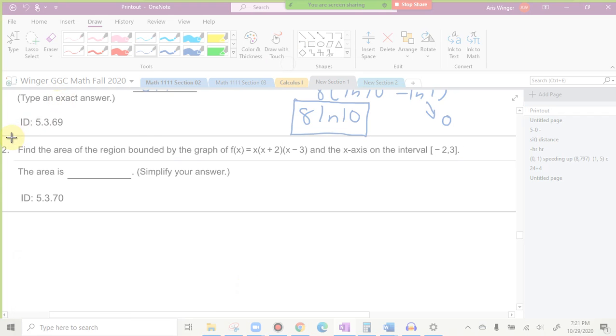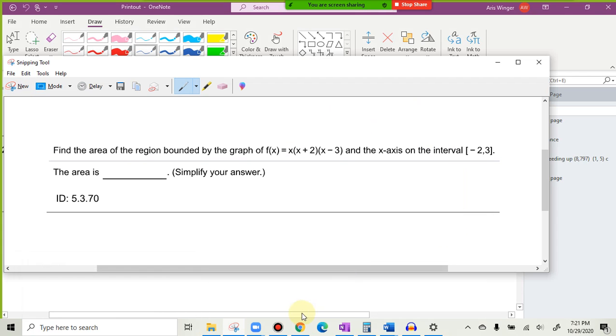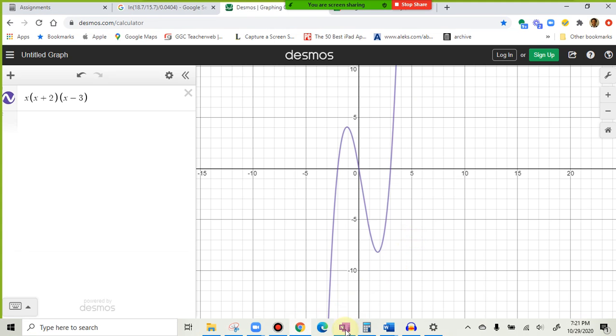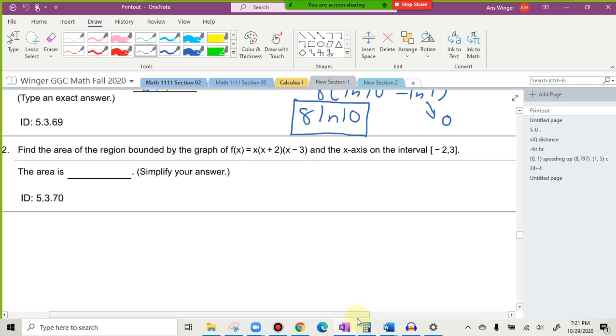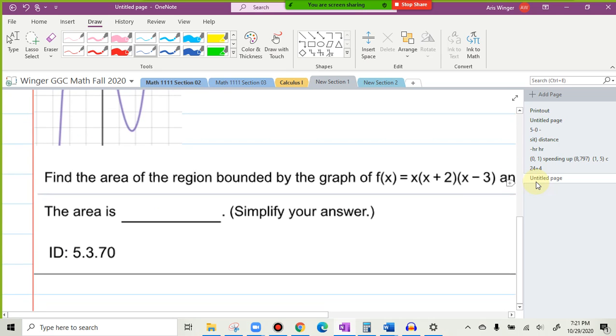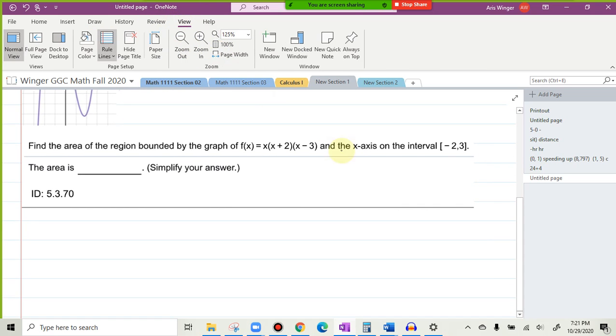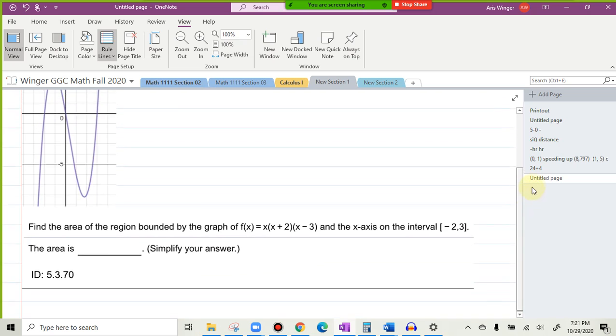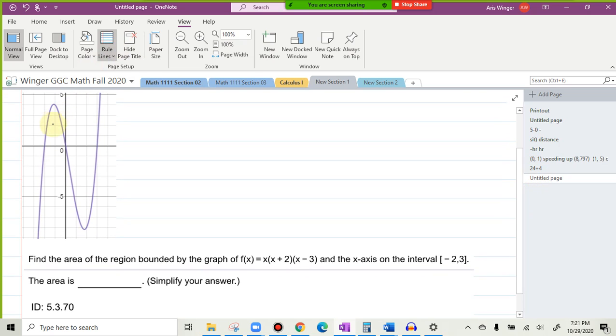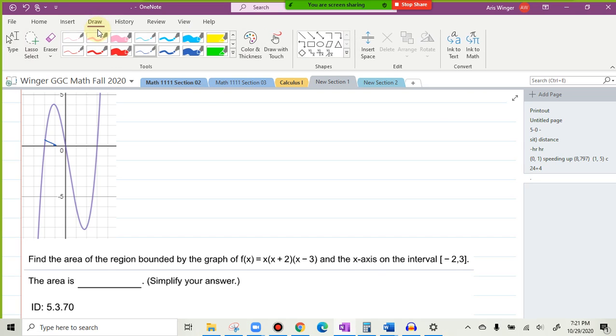Let's just be clear about what they want. All right. So what they want to know, this area, well, let's use a different color. They want to know this area, and then plus this area.